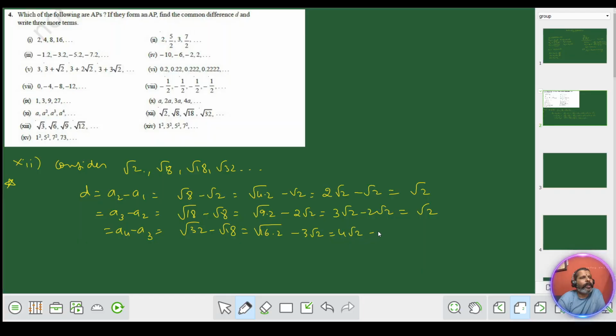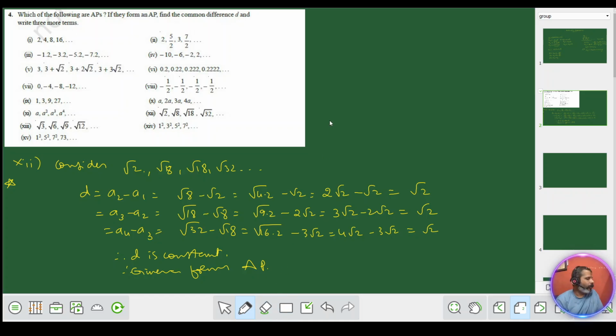So 4 root 2 minus 3 root 2, and root 2 is common. Therefore, d is constant. Please understand the concept here. 8, 18, 32 had perfect squares in them. You take it out and simplify, then you will understand. d is constant, therefore the given sequence forms an AP, right?